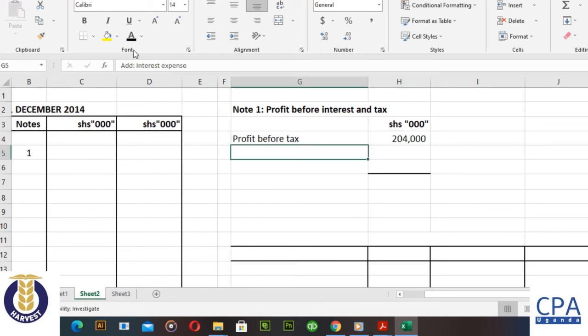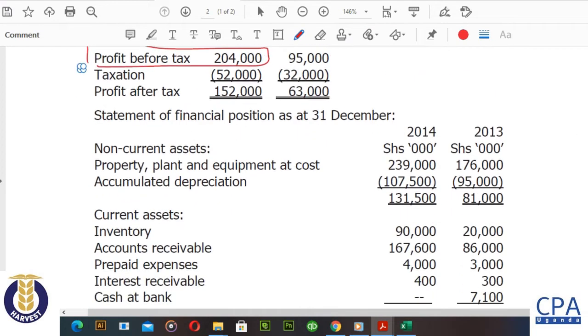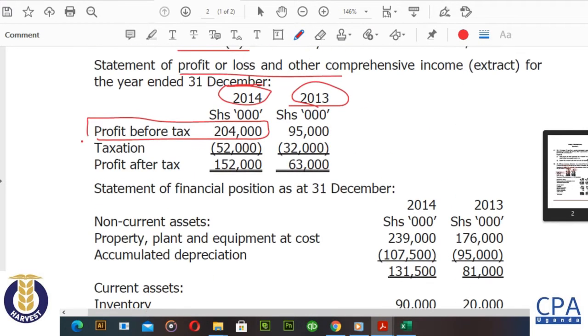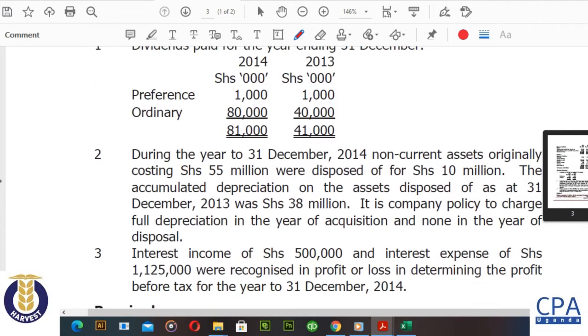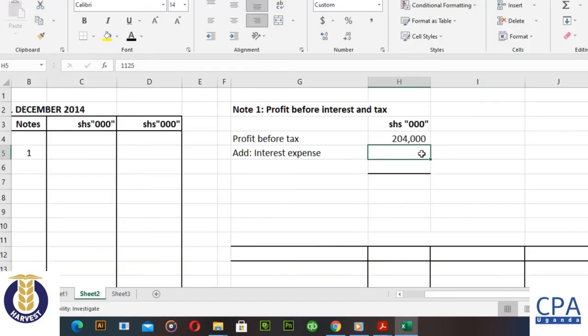So I have to add back the interest expense, which is given when you read the note. We are told that the interest expense in additional information number 3 is 1,125,000.